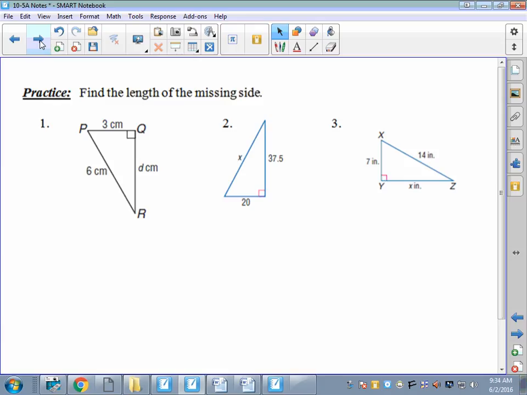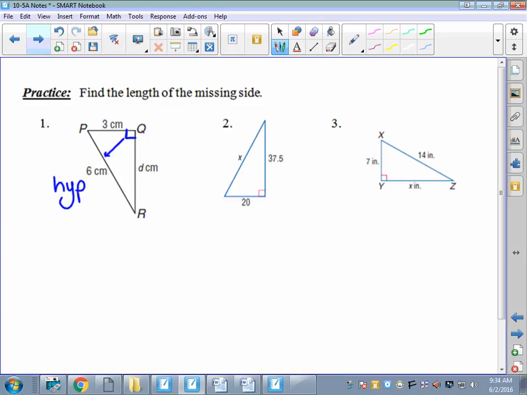So if we do problem number 1, notice I've got a 3, a 6, and a d on my missing sides of triangle PQR. Which one of those three lengths, 3, 6, or d, is the hypotenuse of this triangle? So here's the right angle. I always think of it as the right angle's pointing at the hypotenuse.